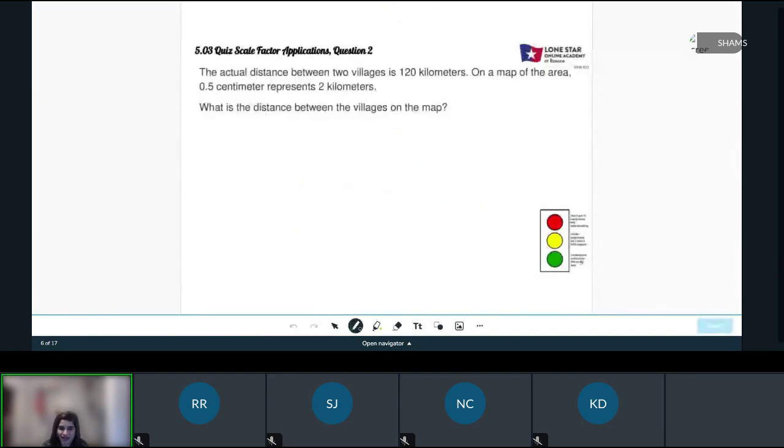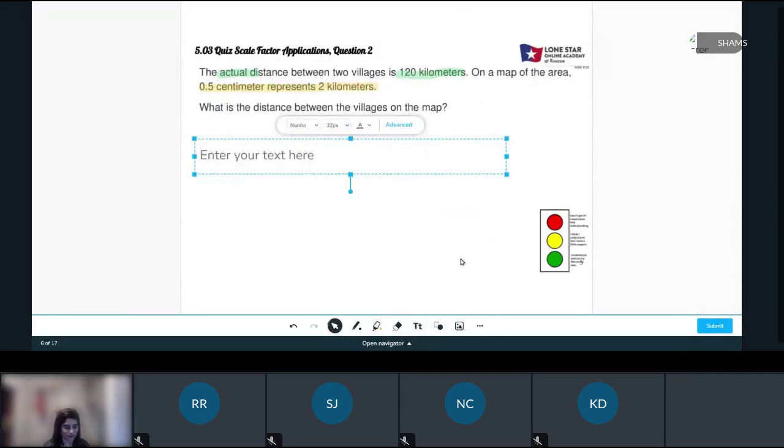Question 2. The actual distance between two villages is 120 kilometers. This is actual. On a map of the area, the map says 0.5 centimeter represents 2 kilometers. This is the map. Let's see how I can write this out.